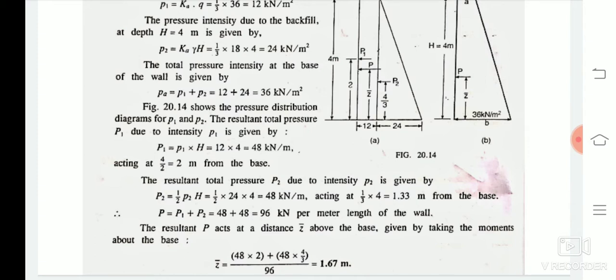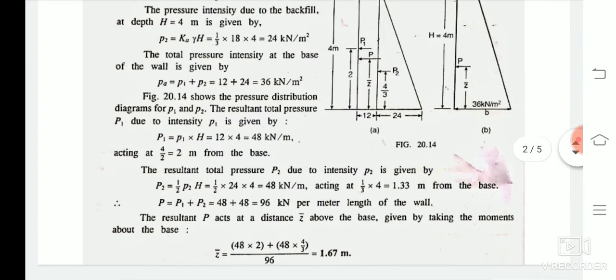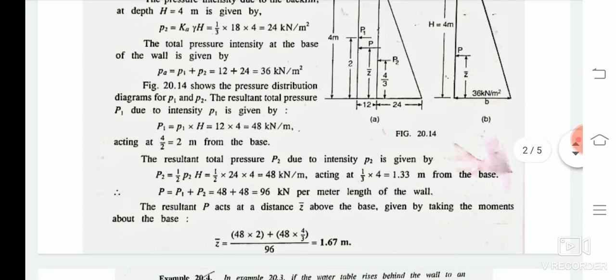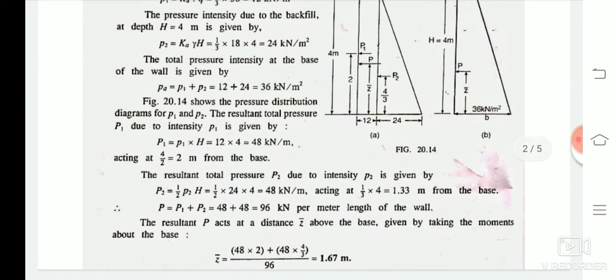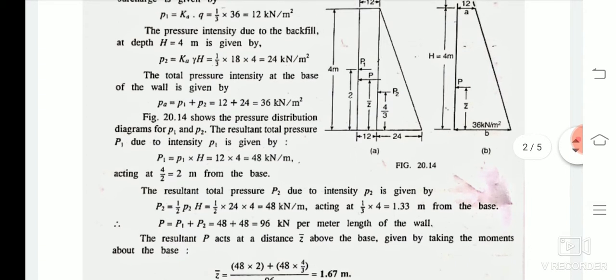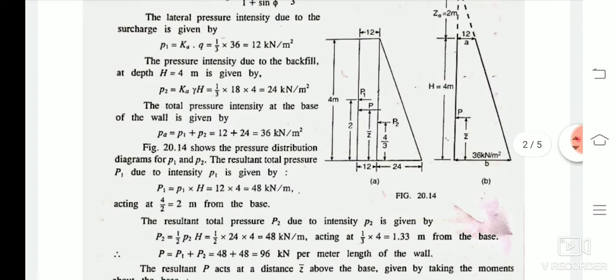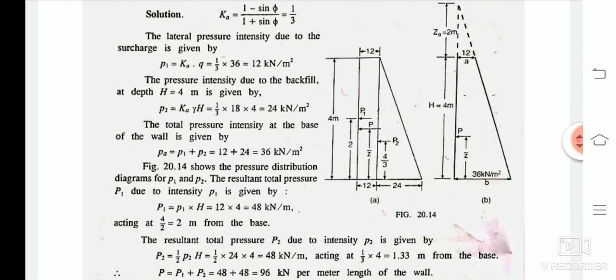Taking moments about the base, we get 48 multiplied by 2 plus 48 multiplied by 4/3, divided by 96. Hence the resultant pressure for surcharge as well as active earth pressure acts at a distance of 1.67 meter from the base of the wall. So here the z value is 1.67 meter.